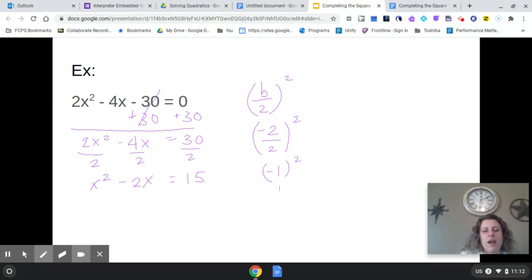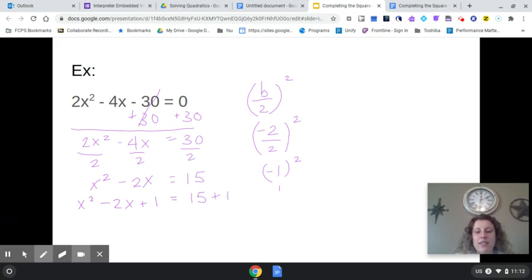So that gives us positive 1. We're going to add that to both sides of the equation. So we get x squared minus 2x plus 1. This is now a perfect square trinomial on the left. And in order to keep the equation balanced, we're going to add that 1 to the right side as well.